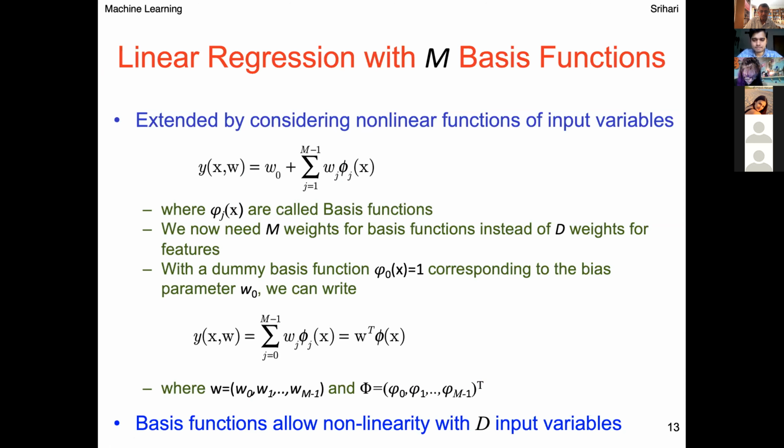And with a dummy basis function phi naught of x equal to 1 corresponding to the bias parameter w naught, we can write this as y of x, w equals the sum from 0 to m minus 1 of wj phi j of x, where w is the vector of all these weights. So now we are no longer looking for a number of weights equal to the number of input features. We are saying the number of weights is equal to the number of basis functions. So this is how we transform the problem into linear regression with m basis functions. We use m because it's the model we're using.